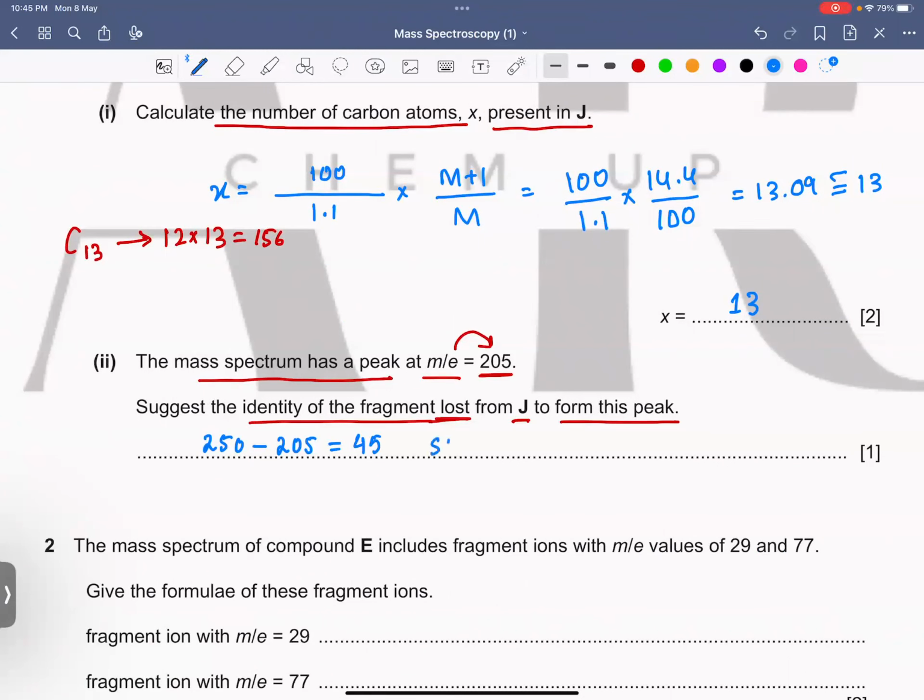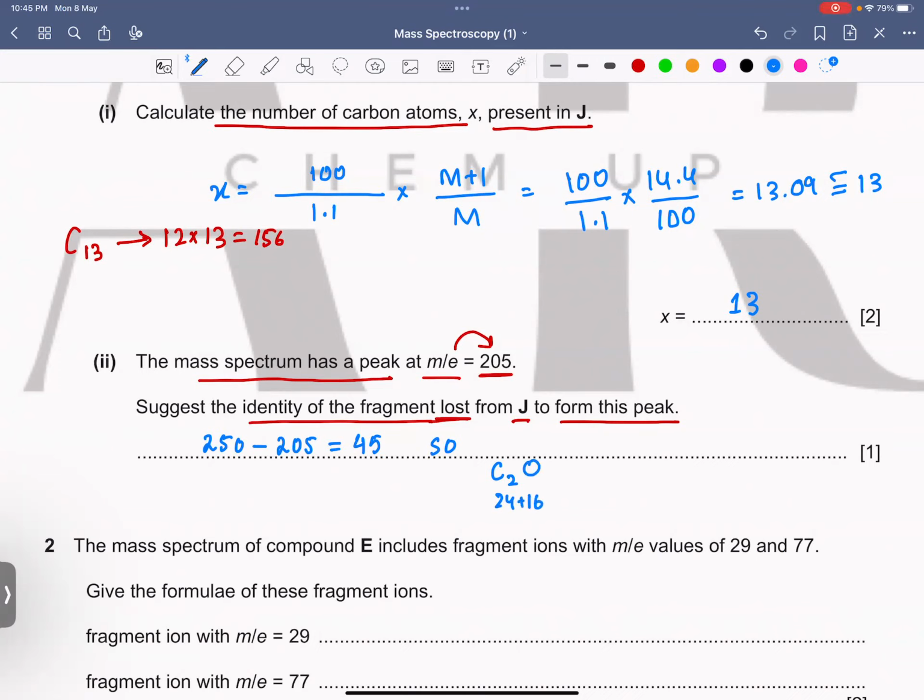If it is 45, then, for example, I have carbon. Let's make it 2 carbons. The 2 carbons have a mass of 24, and oxygen has a mass of 16.